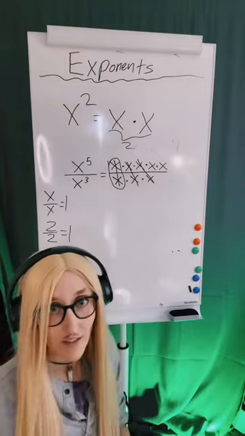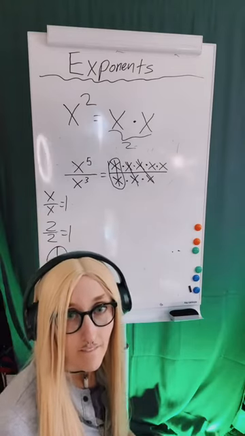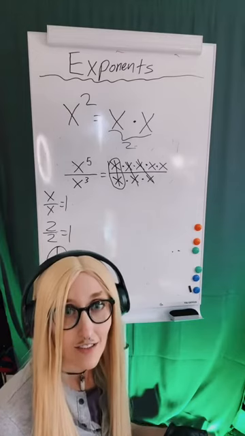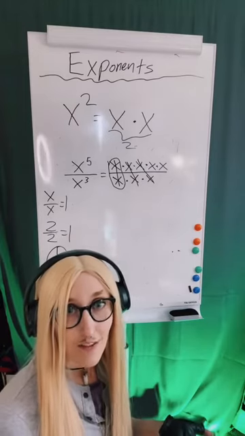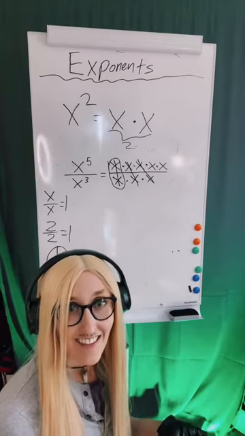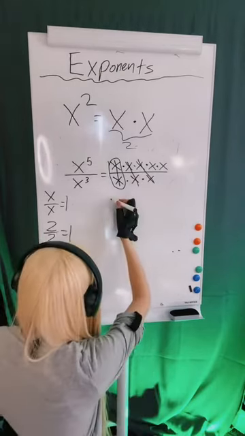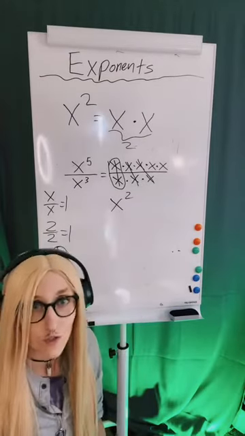How many x's am I left with? Awesome, I have 2 x's left. Bam! You guys nailed it. You're so good. You guys are doing great. So this is equal to x squared, because I have 2 x's left.